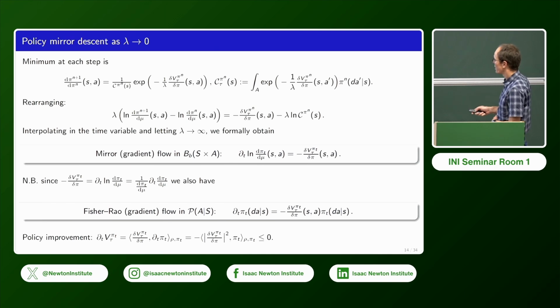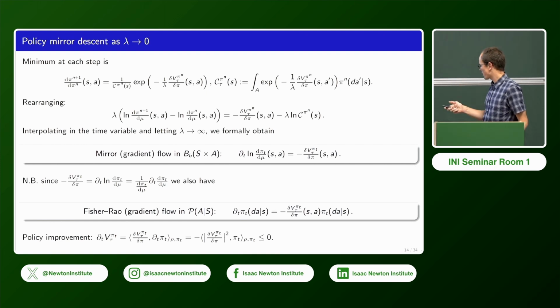So I now have a flow in the space of measures. Once I rearrange it, I can write it in this tidier form by multiplying through by this density.